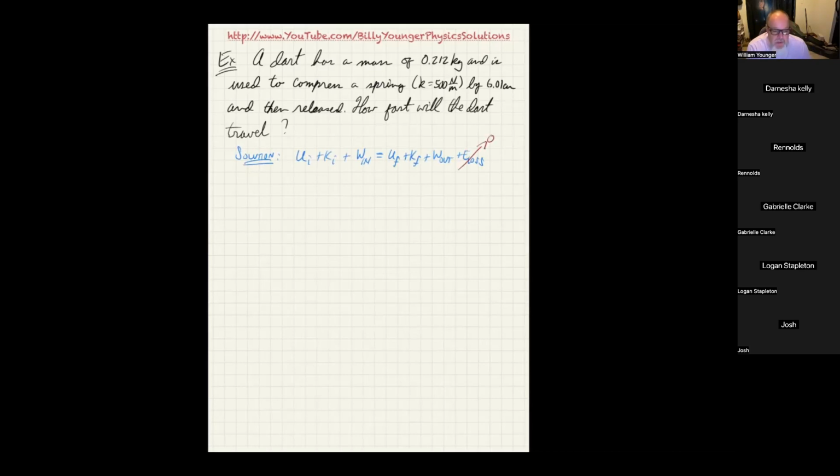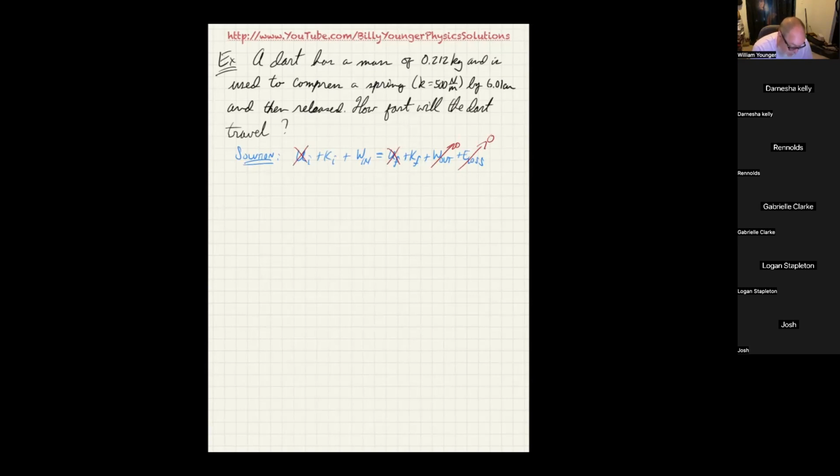I'm not going to take the dart and run it into another spring or anything, so I'll take the work out away. I'm not really changing height. If I'm shooting it horizontally, then the height initially and afterwards are equal, so they cancel out. But I do compress the spring.